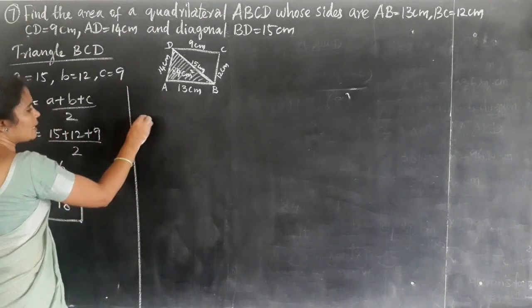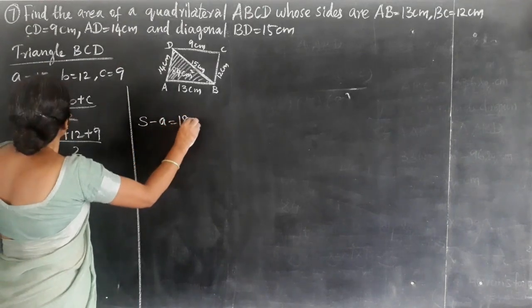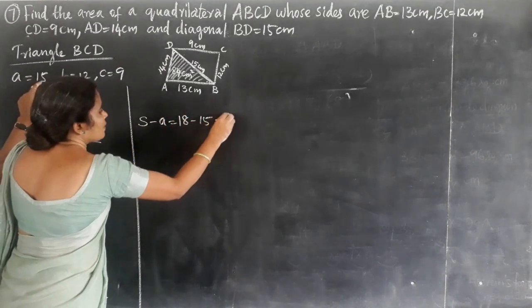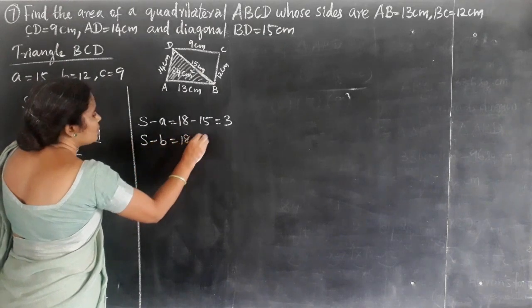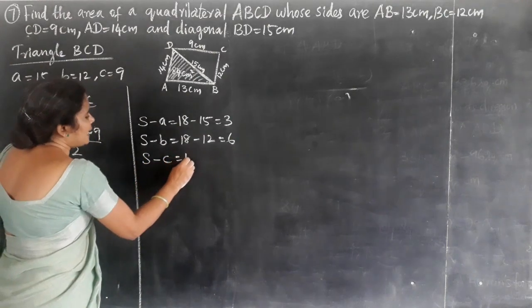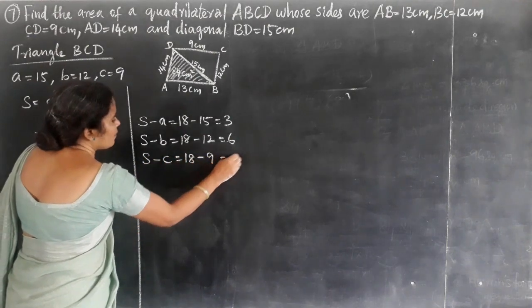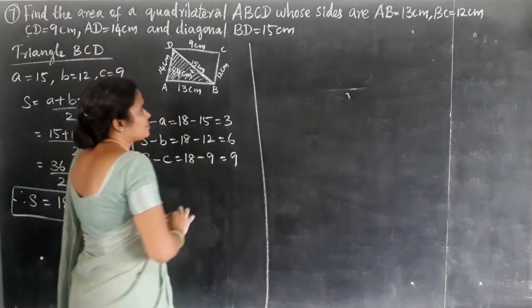Now S minus A is equal to 18 minus 15, which is 3, and S minus B is 18 minus 12, which is 6. S minus C is 18 minus 9, which is 9.